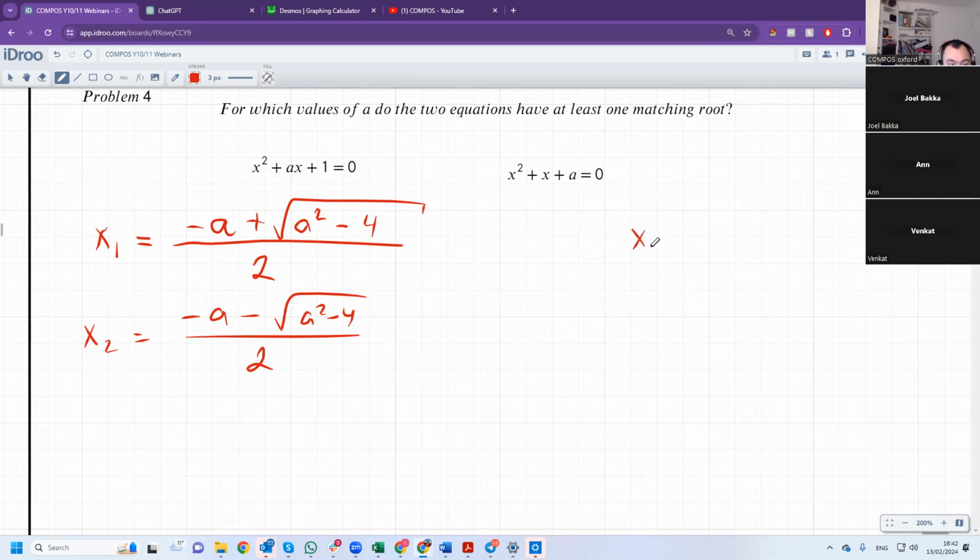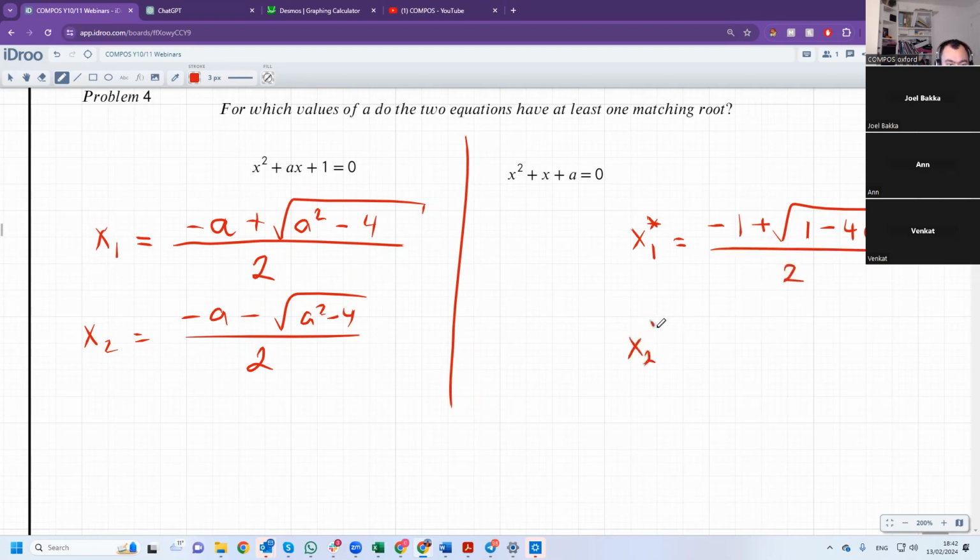Here, I really don't like to give them the same name, so let's call it x1 star, equal to minus 1 plus the square root of 1 minus 4a, over 2. And x2 star is equal to minus 1 minus the square root of 1 minus 4a, over 2.